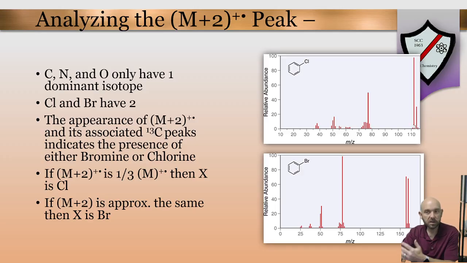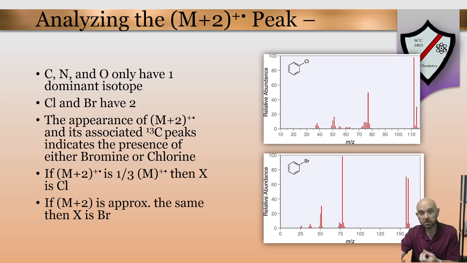And we get these types of patterns when we have bromine and chlorine, because chlorine and bromine have two major isotopes. Carbon, nitrogen, and oxygen have a really dominant isotope. Carbon 12 is 99% of the carbons out there. But unlike that, chlorine has chlorine 35 and chlorine 37, and it's about 65-35.